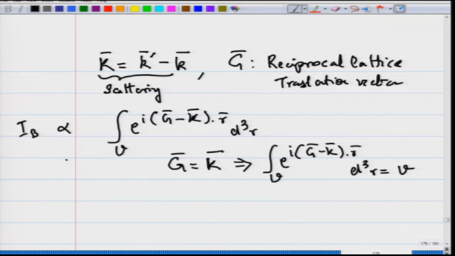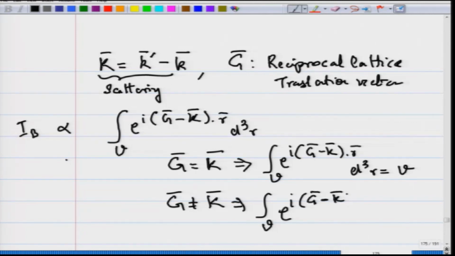This will be related to the volume, and for g not equal to k, this integral is e raised to i (g minus k) dot r bar d cube r.